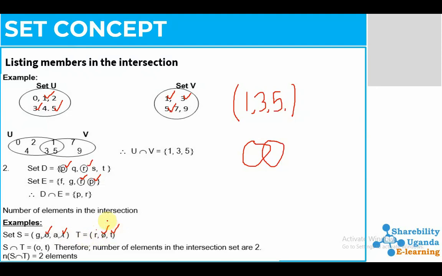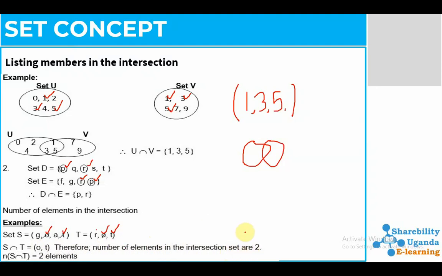So here they want you to know how many they are when they ask for a number. So S intersection T, they are listing them there. Therefore, the number of elements, which may also mean members, in the intersection set is 2.